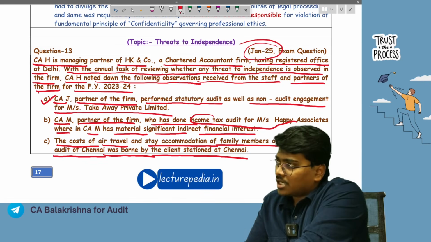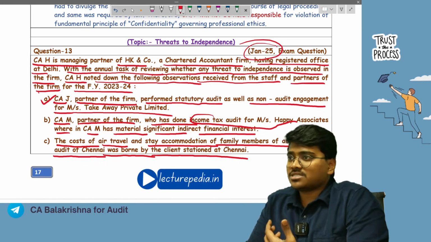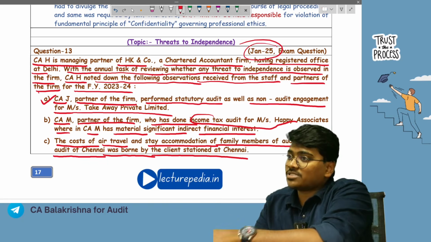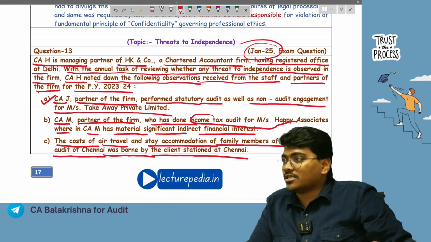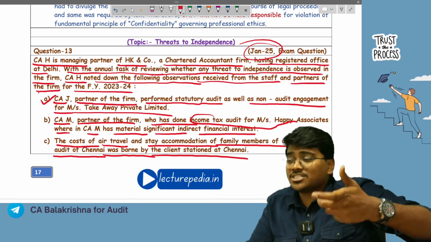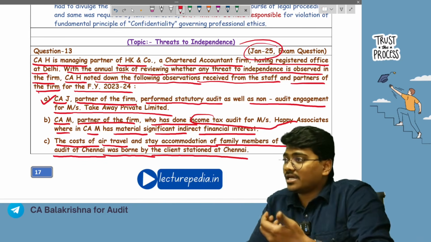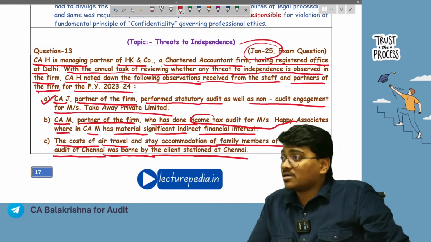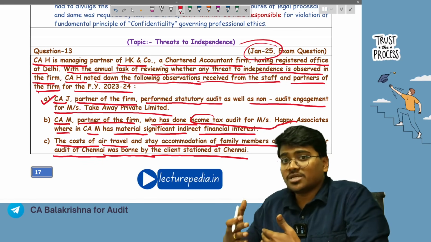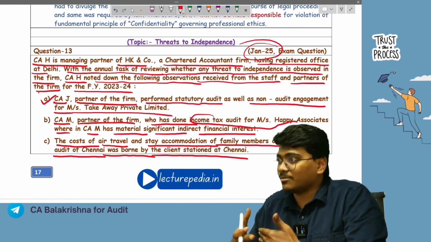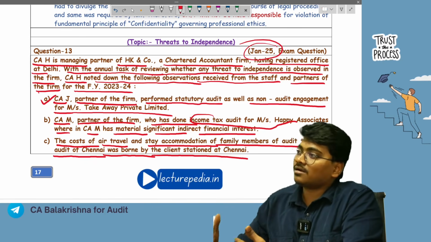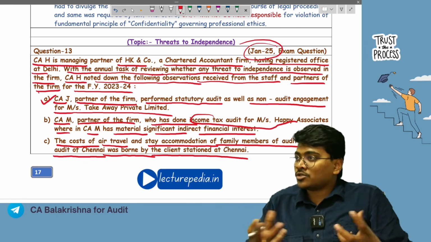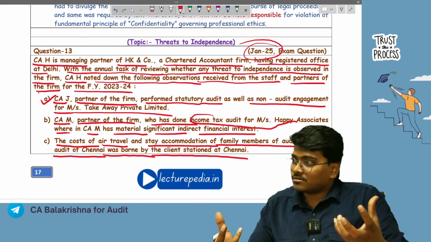Obviously the client can bear travel expenses of auditor, but in this situation he is also bearing travel expenses of family of the auditor. So in which situation will the client bear the expenses or provide hospitality to the family of the auditor? If there is a proper relationship, if there is a bond already built between the auditor and the client, then client will be ready to bear the expenses of family also, right? So this will create familiarity threat.